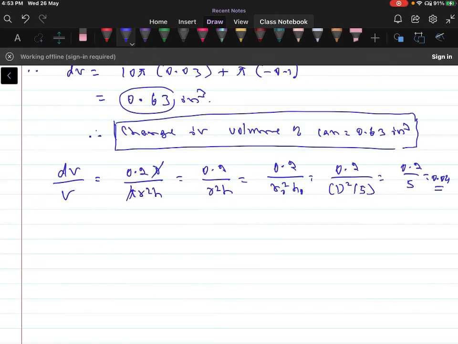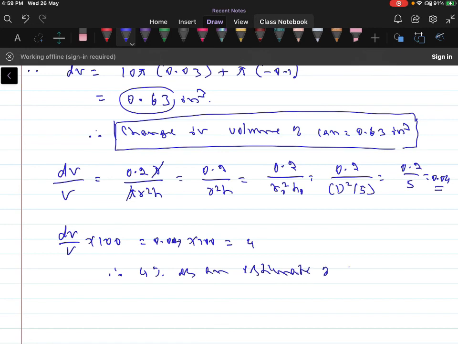The relative change into 100, dV by V into 100, is the percentage change in the volume of the can. So 0.04 is the relative change in the volume of the can, and into 100 that is equal to 4. Therefore 4% is an estimate of the percentage change in the volume of the can.